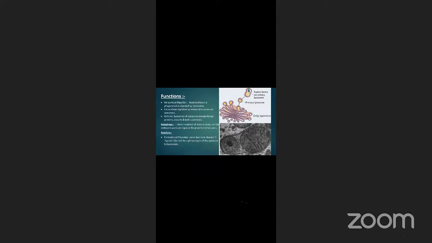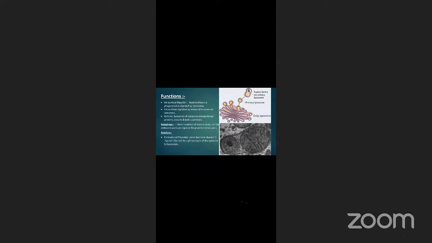Okay. So the first one is primary lysosomes or storage granules, a small newly formed organelle from Golgi, which contains enzymes synthesized by ribosomes and accumulated in the endoplasmic reticulum. From here, they penetrate into the Golgi complex.